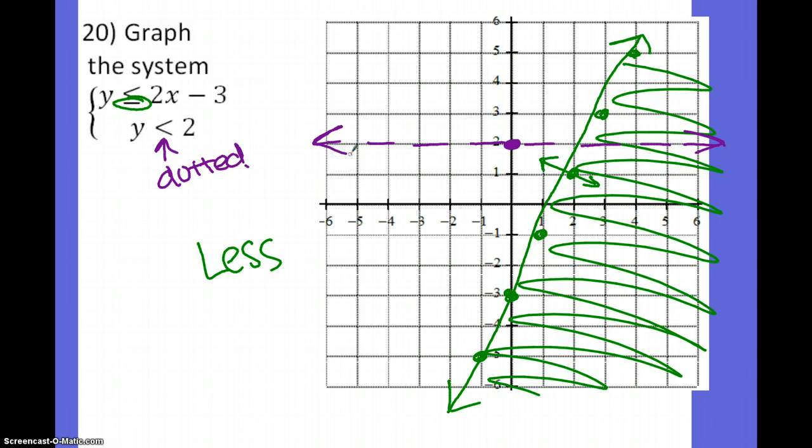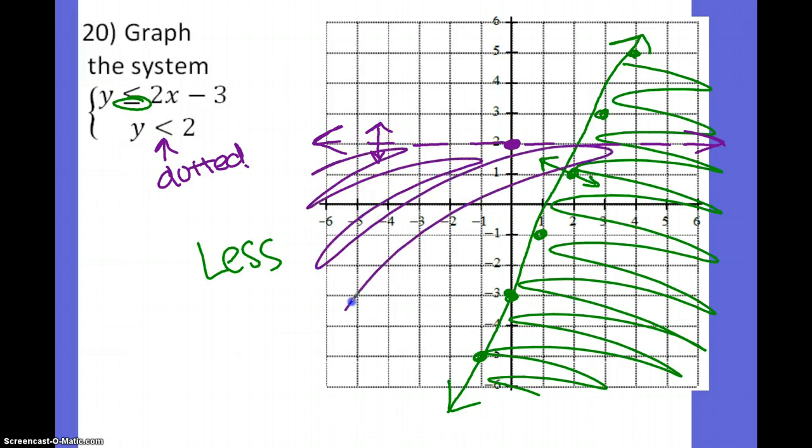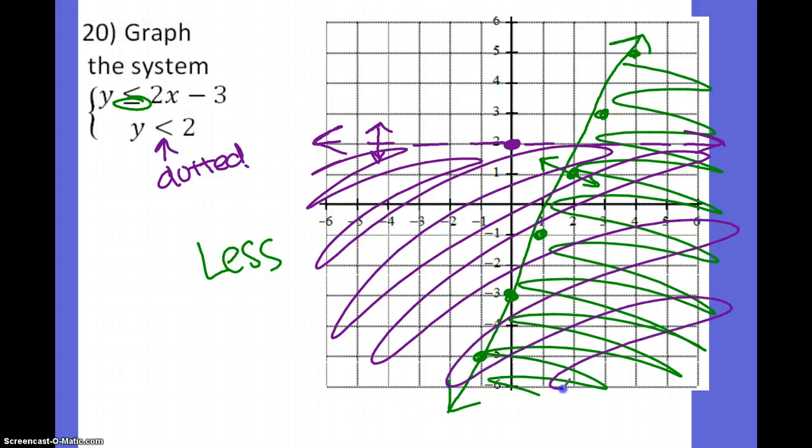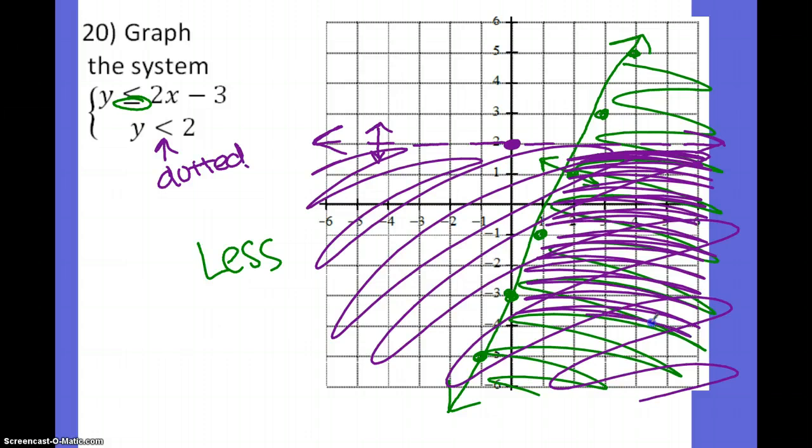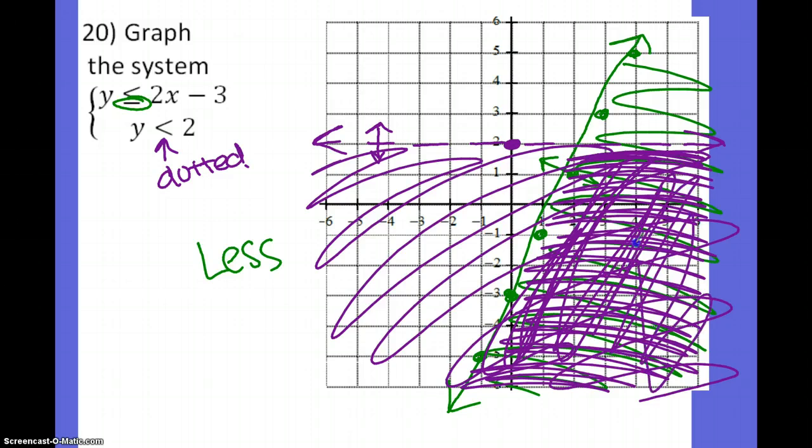And if you want less than, you want below. In this case it's a little bit easier to see where's below. If you wanted to draw perpendicular, you see this one's headed down. So we'd shade all of this. And where the shading overlaps is what we darken in here. These are the solutions right here that will work in both inequalities. And that's it.